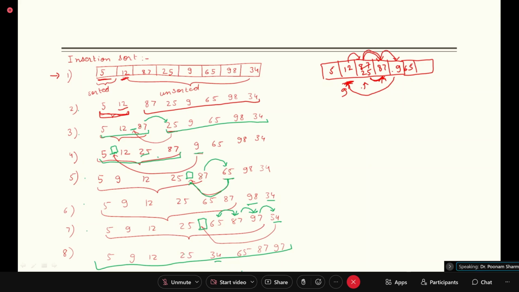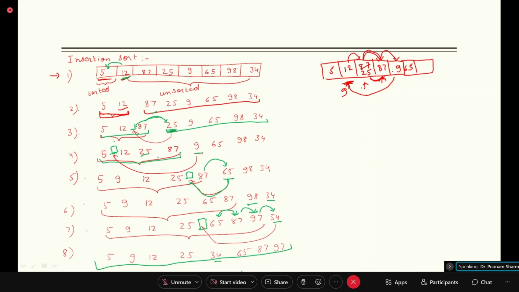But in this case, if you see it carefully, it is not as easy as it appears, because in this case, 3 things are to be done. First thing is to compare the first value with this value. So this is one aspect. If this 25 is to be inserted in between 87 and 12, then first of all, 25 is to be compared with each element.